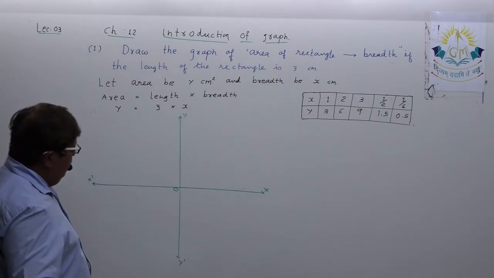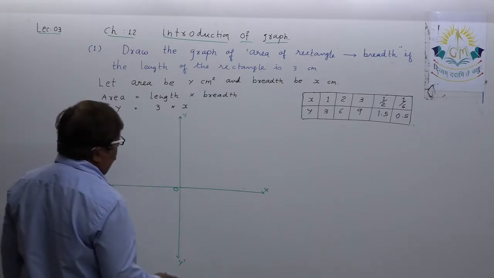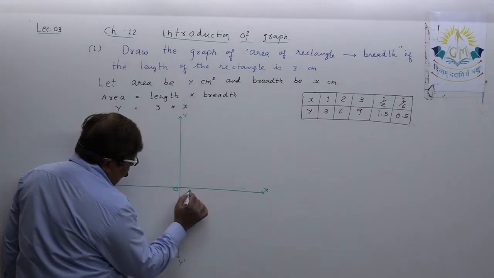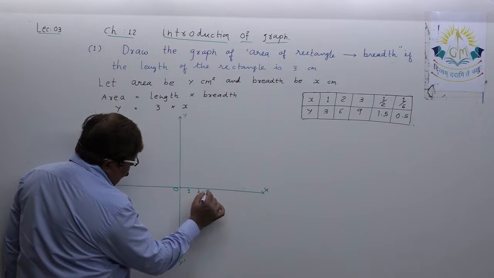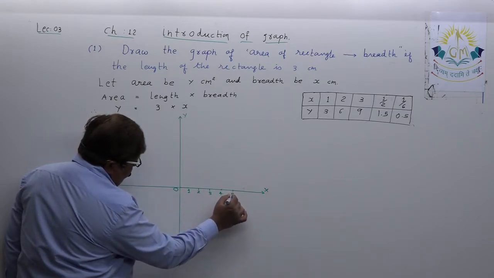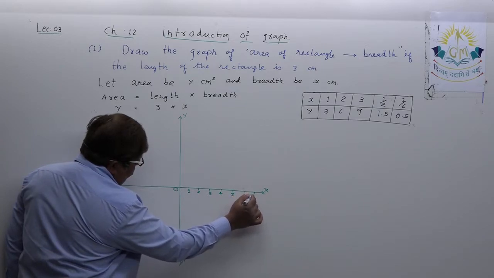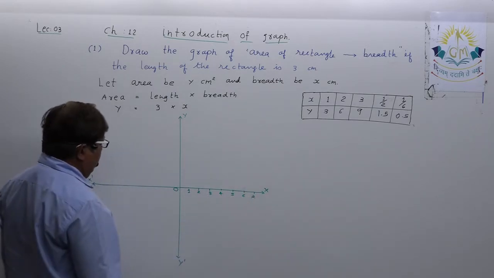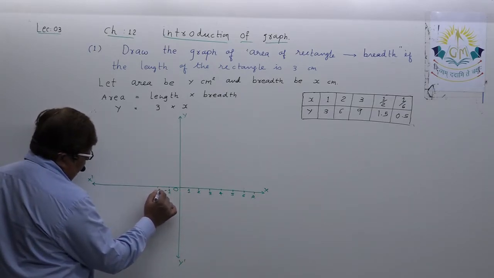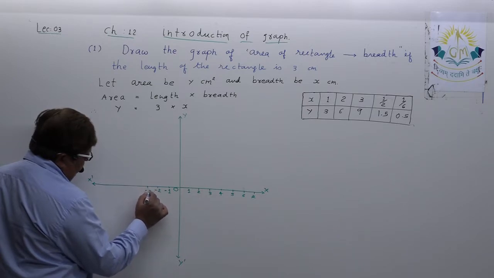And now let me show all coordinates here. Coordinate, dear student, box to box. Be very strict. Understand and make your basics very clear. 5, 6, 7. Till 7 I have taken on the left side, negative x coordinate.